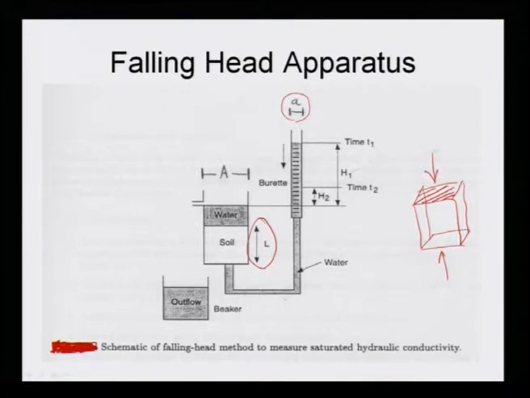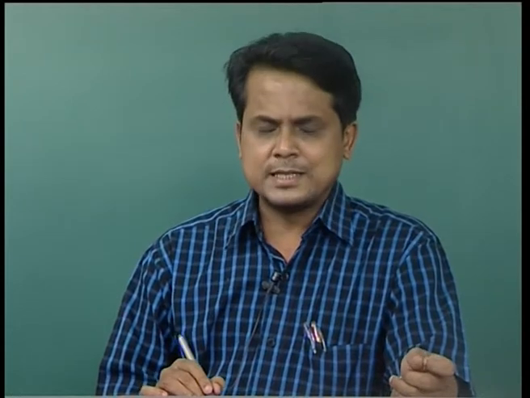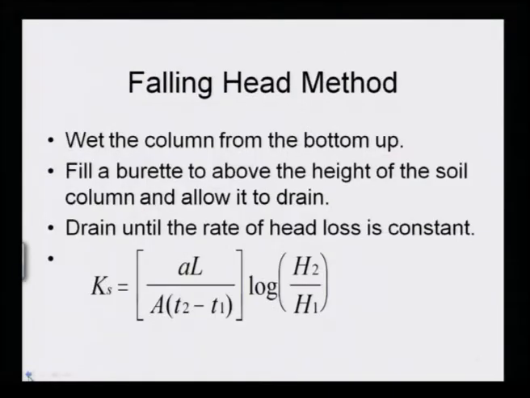If you know the change in water level with time t1 as well as t2, and these are fixed parameters, that means a, the burette area, the cross-sectional area of the soil and the length of the soil in the mold are known, then by collecting the outflow with respect to times t1 and t2 you can find the coefficient of permeability for the falling head apparatus, that means for fine grained soil.